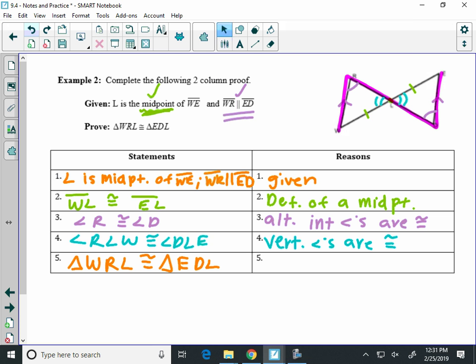So then look at how we marked our diagram. Which shortcut are we going to use? Angle, angle, side. We have an angle. We have another angle. Then we have a side. Angle, angle, side.